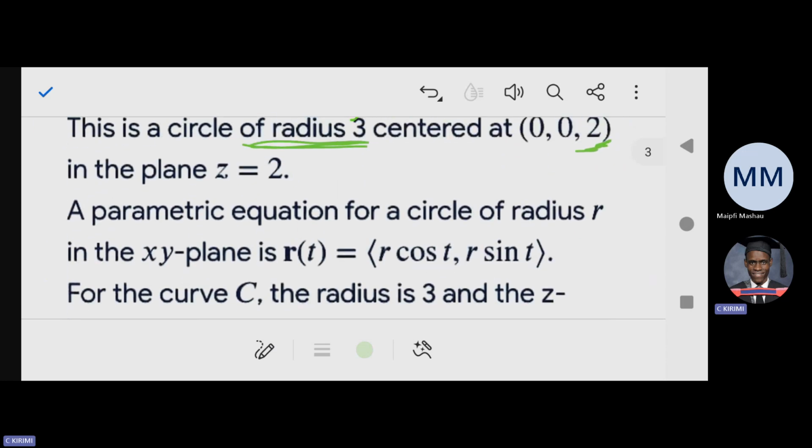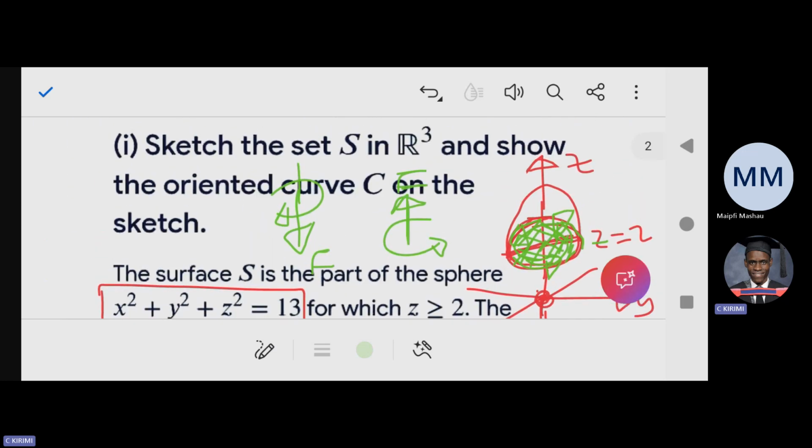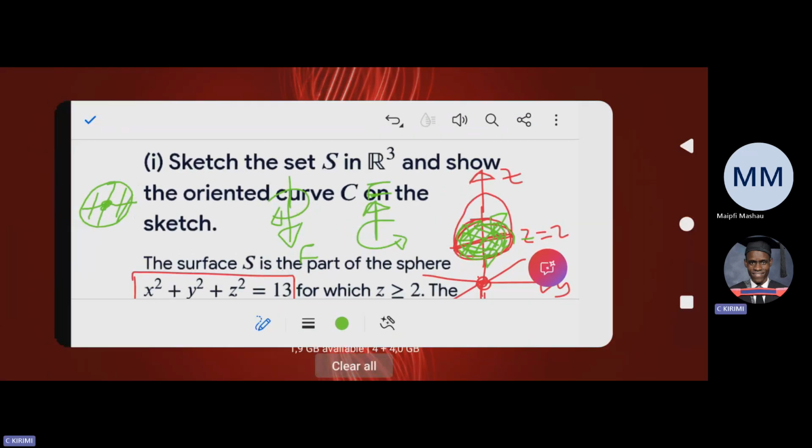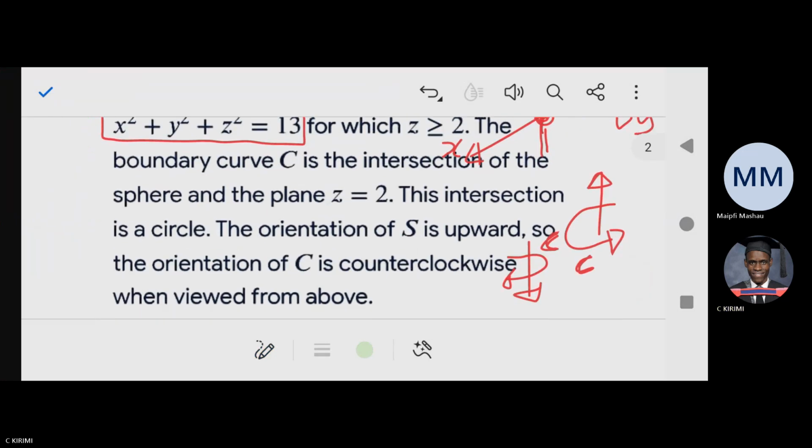That is the strip we are only interested in, the surface only in green, which has a radius of 3. From there to there, 3. That is the one we are going to deal with when calculating the parametric equation.